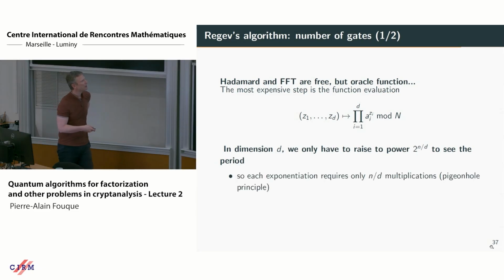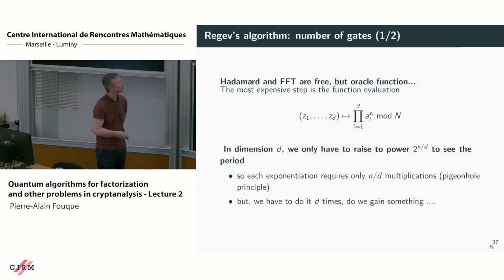It's a basic theorem, just a pigeonhole argument, because if I have D values, and each ranges up to 2 to the n over 2D, this gives in fact 2 to the n different values, and from these 2 to the n different values, I am sure that the period will appear somewhere.